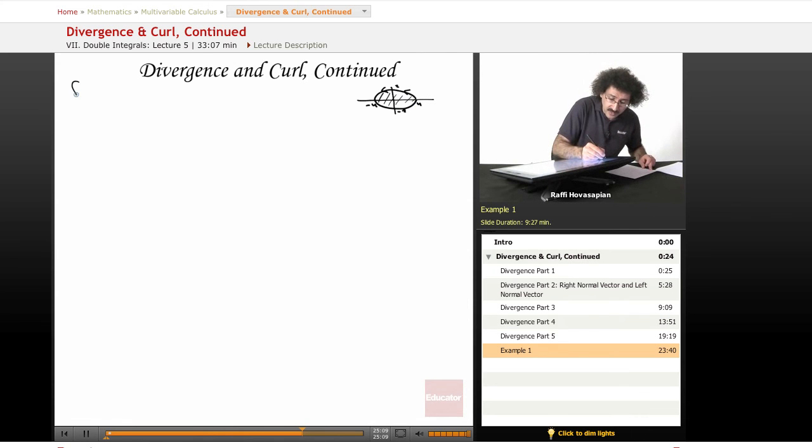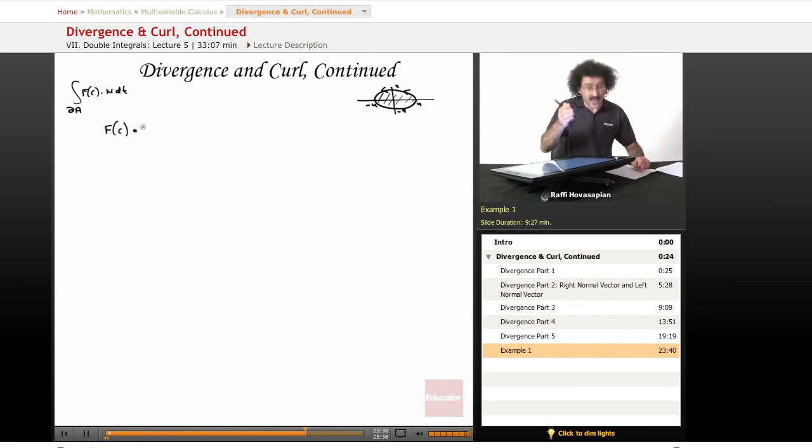Okay, so we want to do our first one. We want to calculate the integral over the boundary of f of c dotted with n dt. Well, f of c, I'm just going to put c into f.